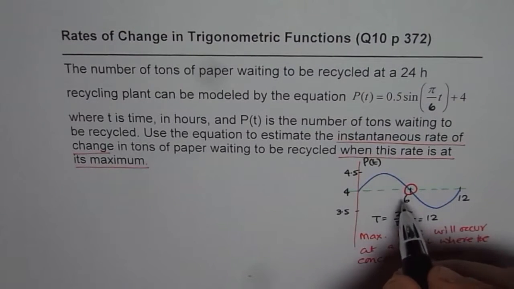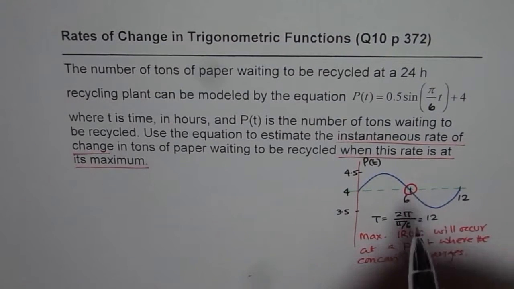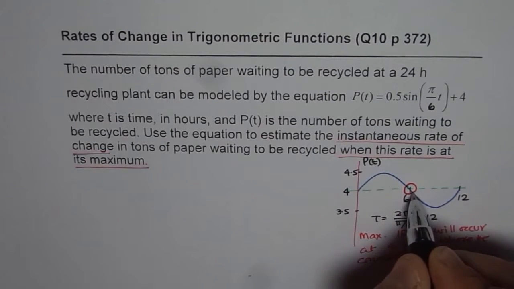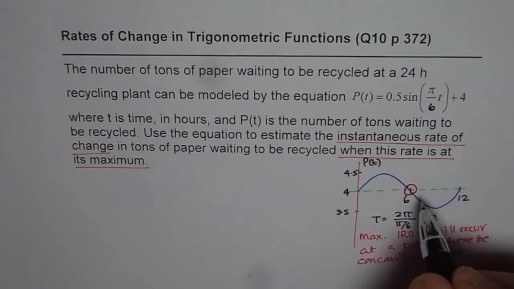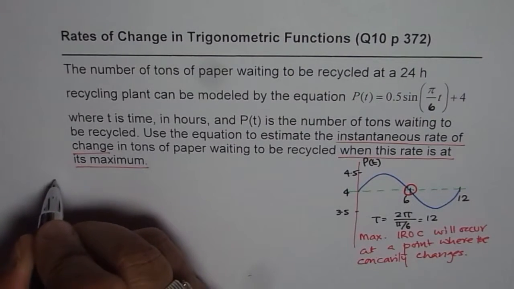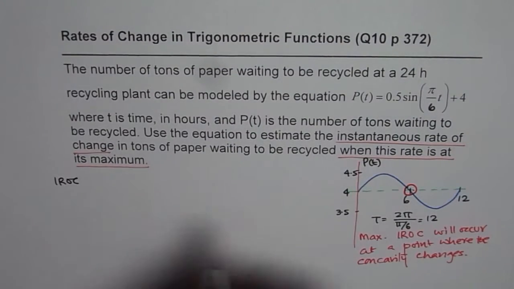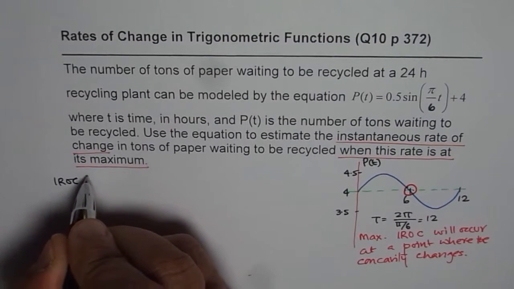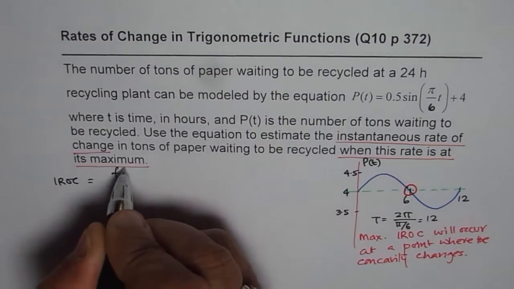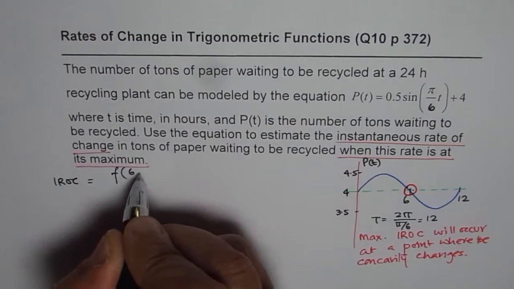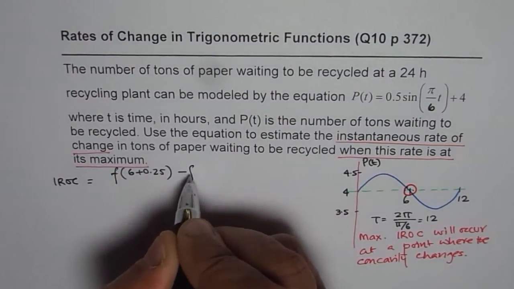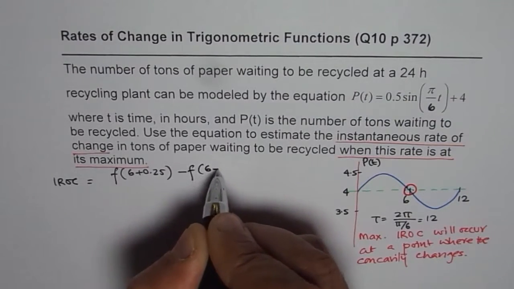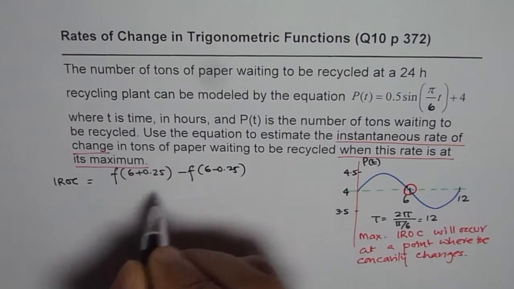Now what we are going to do here is find the maximum rate of change by selecting 2 points close together, separated by 0.25. So we write the instantaneous rate of change for this function as f(6 + 0.25) minus f(6 − 0.25), which is 5.75.